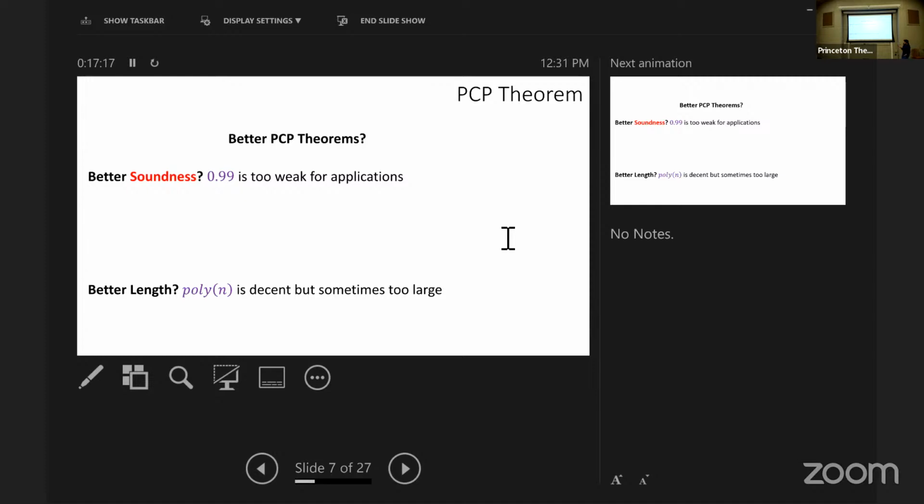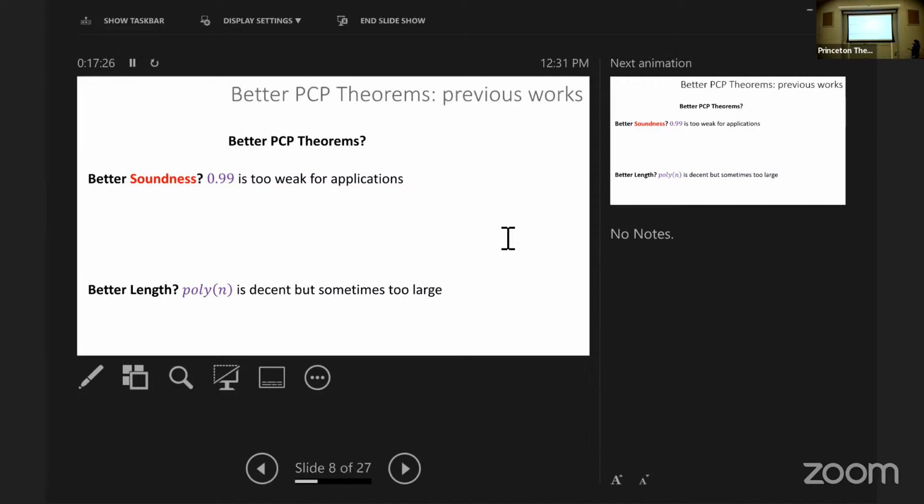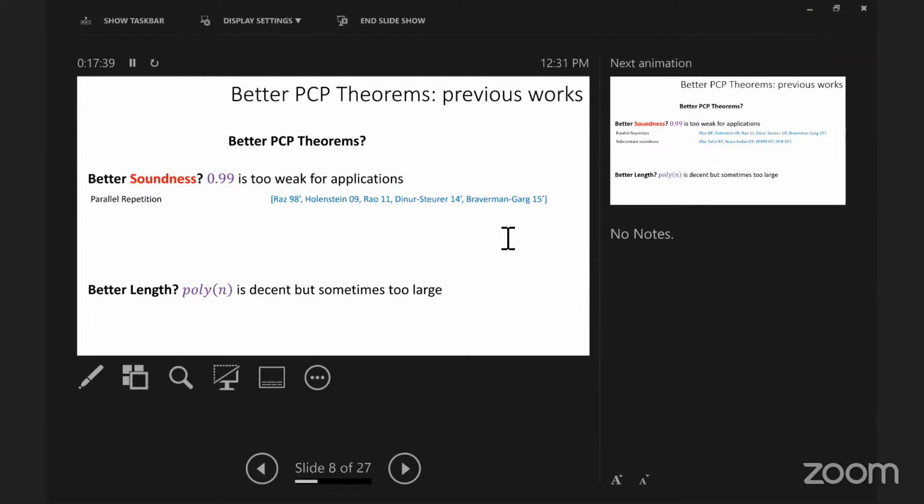Okay, so of course, these are natural questions, and many, many works have been done about these things. So let me mention some of them. So the first way to improve the soundness of the PCP theorem was established by the parallel repetition theorem of Raz, who showed that indeed you can drive this 0.99 number to arbitrarily small constant.